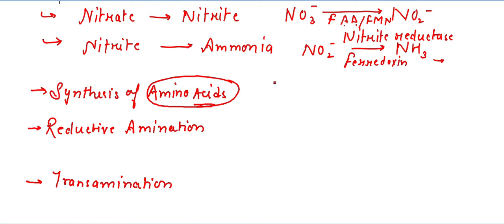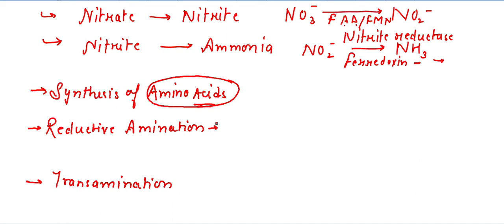So the ammonia formation we have seen in the assimilation, and here the synthesis of amino acid is the next step, where the ammonia first gets protonated at the physiological pH, and after that you will see the reductive amination.